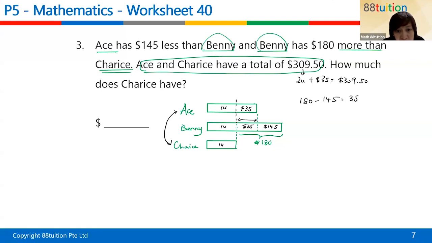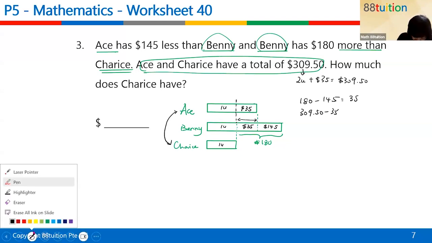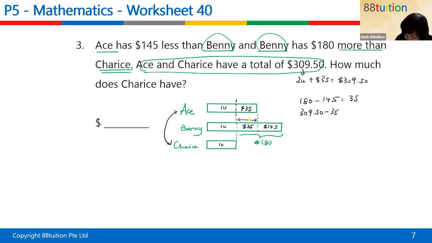Okay, all right, good. She also put it in such a manner that she wants to use their total minus the $35 here. The reason is she wants to get rid of this extra box. Let me show you what that means. You see, this is 1 U and this is 1 U, correct?